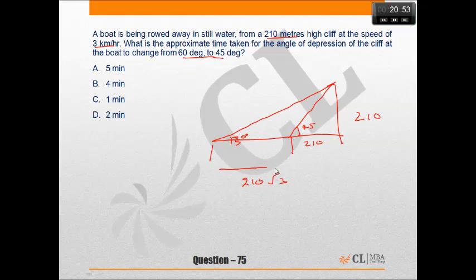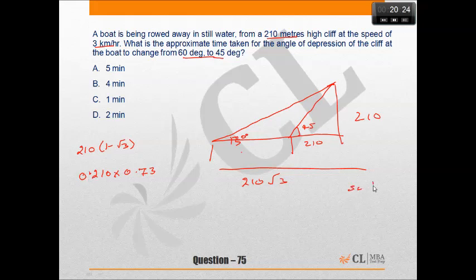So this will be 210 into root 3 minus 1, and root 3 is 1.73. So root 3 minus 1 will be 0.73. So the distance to be covered is 210 into 0.73, 1.732 if you want to be exact. It's at the rate of 3 kilometers per hour. This is in kilometers, so let me write it as 0.2.